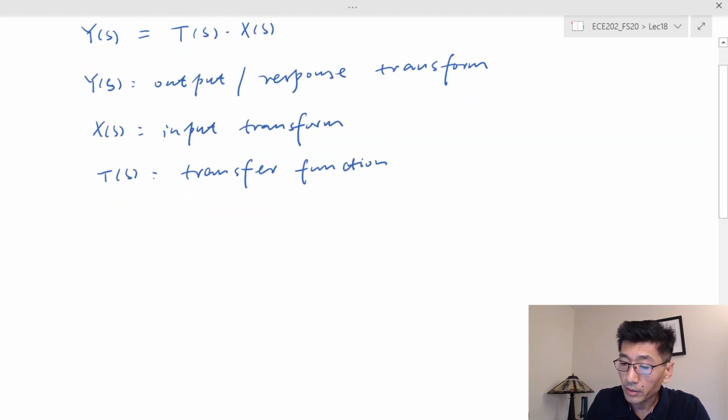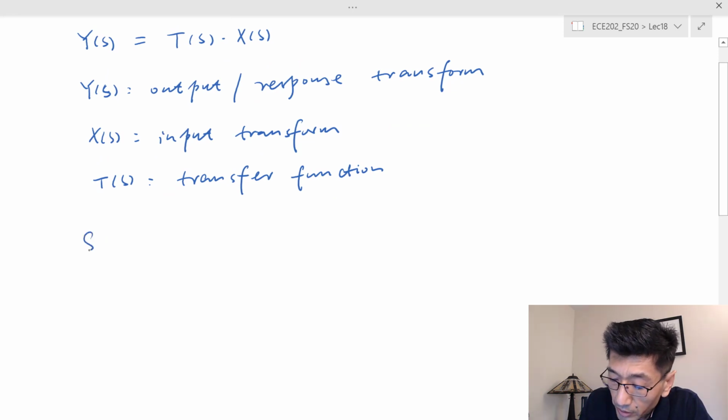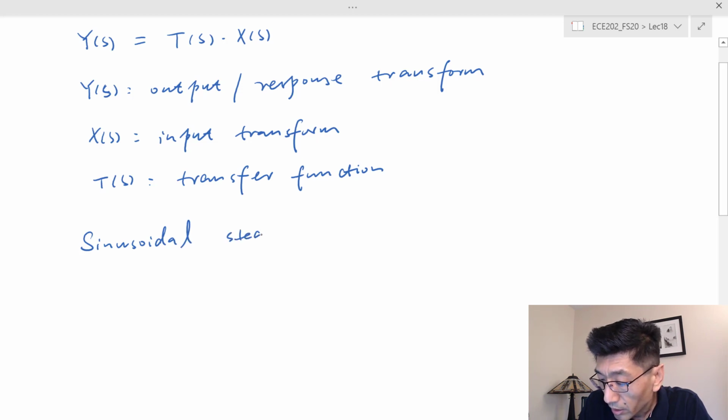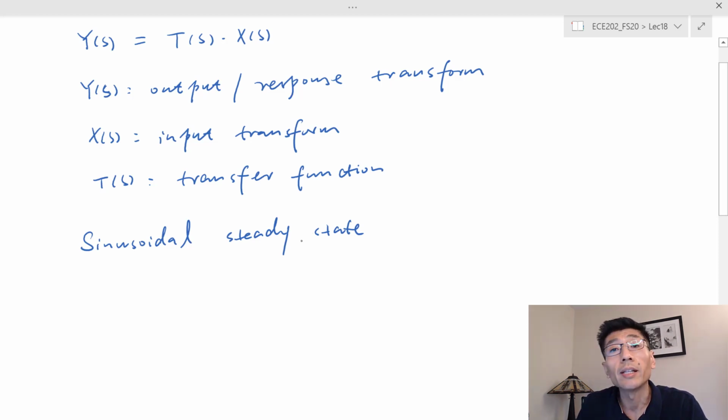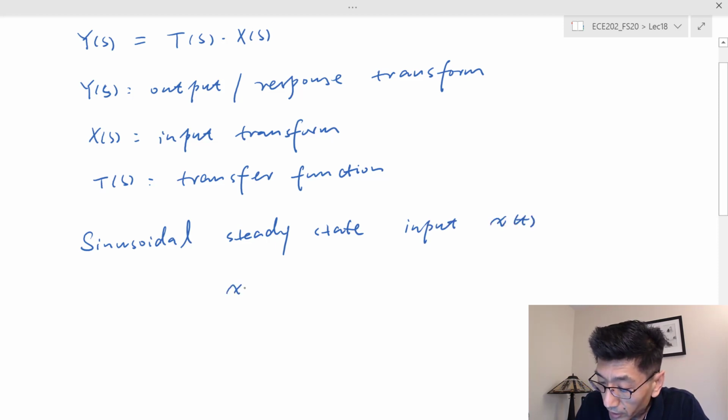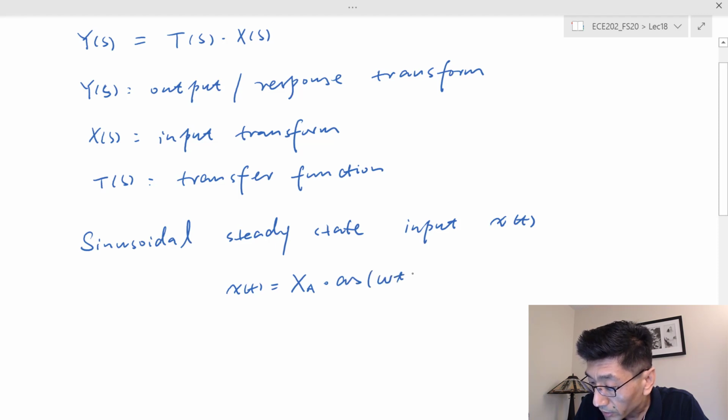And since we're talking about the sinusoidal steady state input and also the steady state response, the steady state input x(t) is equal to X sub a times cosine of omega t plus the phase angle phi sub a.